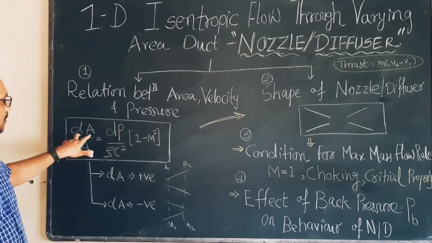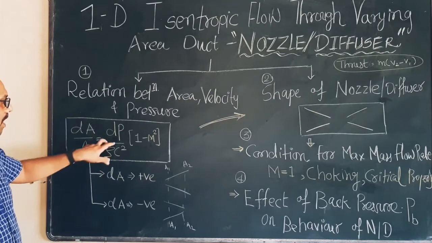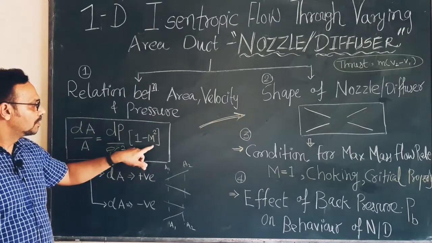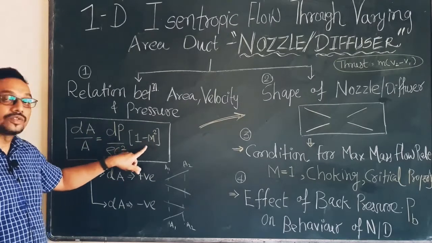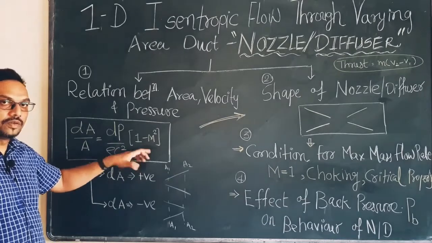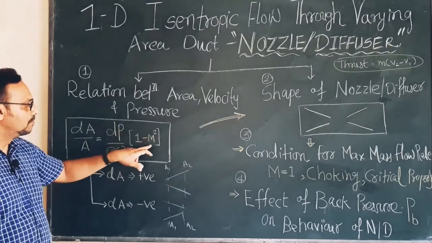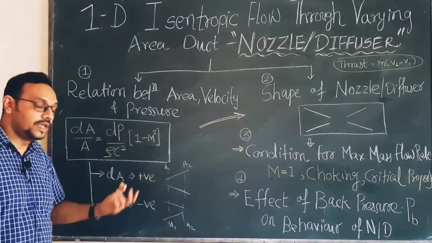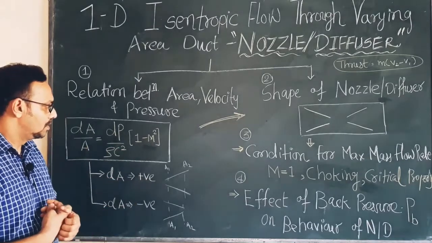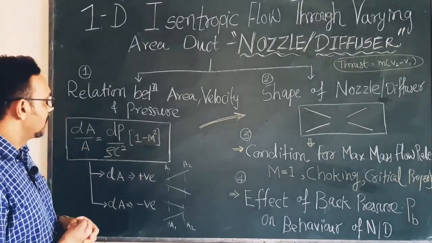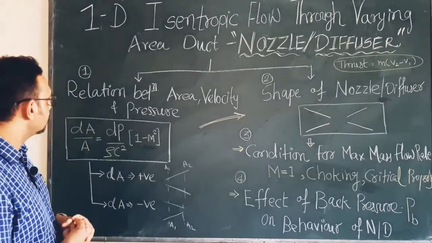So what happens if the area changes and the pressure changes for a particular velocity of the fluid, or say flow velocity? The Mach number tells us which of three types of flow we have: subsonic, supersonic and sonic flow.